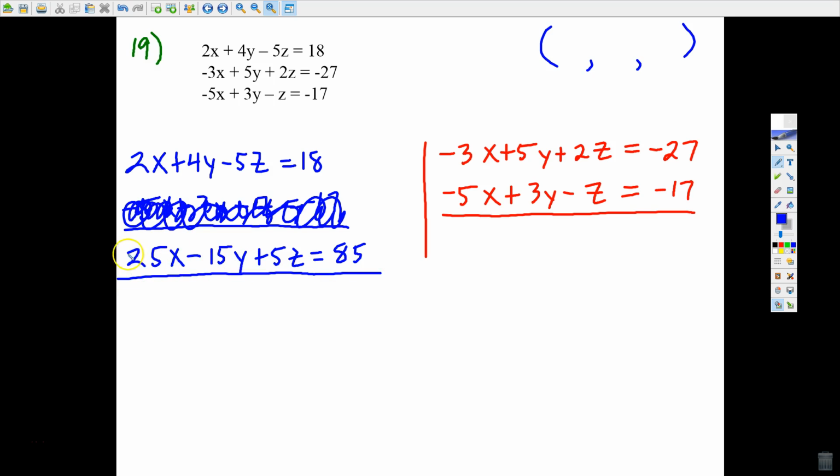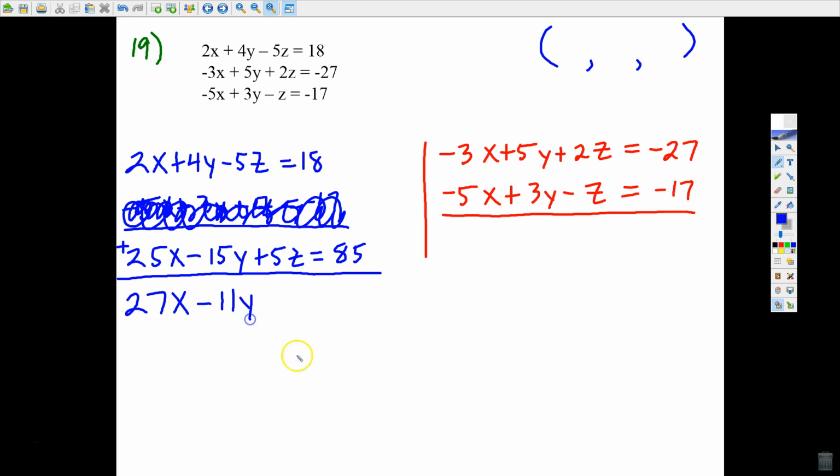Okay, and let's just go ahead and do the elimination. I'm going to add all the way across. So Tristan, what about the x terms when I add those together? 27x. Olivia, what about the y's? All right, plus or minus? Well, maybe, yeah, mine's going to be negative.